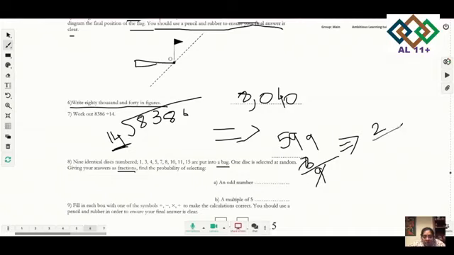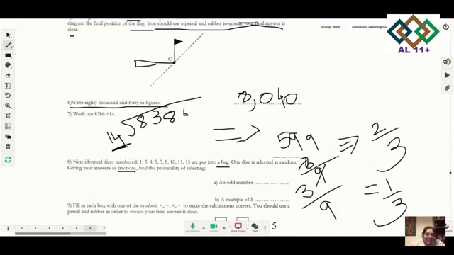It's 2 by 3, because they have also told you they need it at random, remember that. And a multiple of 5, again you know it'll be 9 by 3 by 9, and you can simplify that more, and the answer would be 1 by 3. This was so easy. So let's move on.